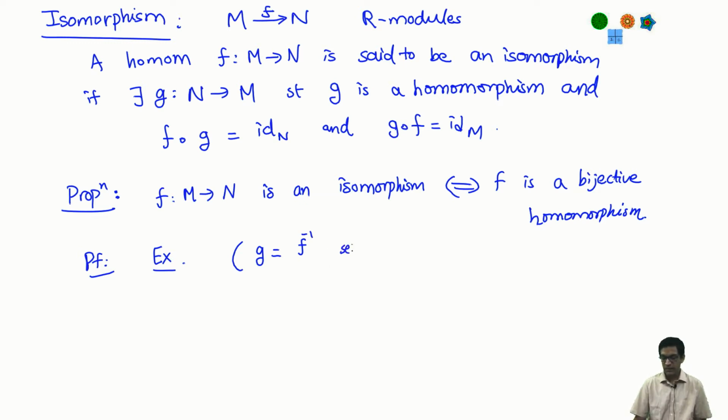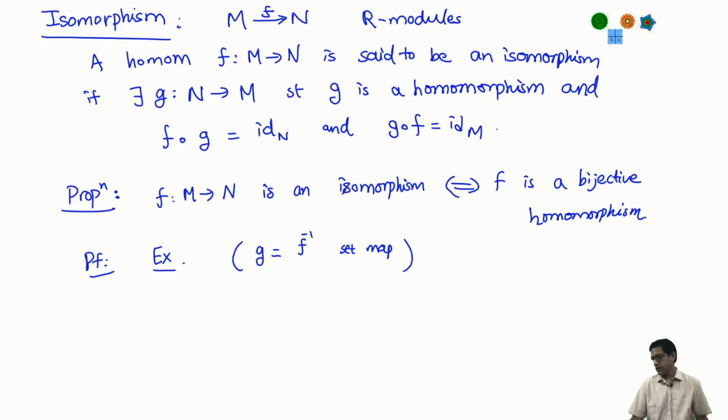At the moment, this is only a map of sets, which goes in the opposite direction. But it's very easy to check that because F is a homomorphism, the inverse map will also acquire the same properties of a homomorphism. So here's a little exercise. An isomorphism is nothing but a bijective map of sets which is also a homomorphism.